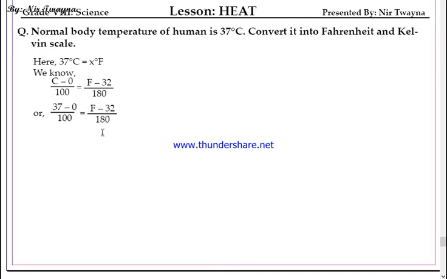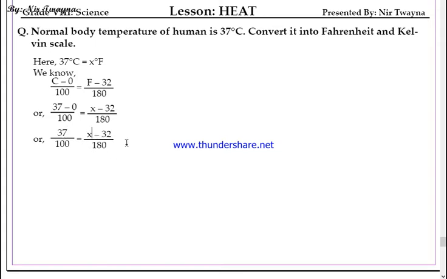No, we do not know it. Let's put it x. So 37 minus 0 by 100 equals x minus 32 by 180. Now 37 minus 0 means 37 itself, so it gives you 37 by 100 equals x minus 32 by 180.